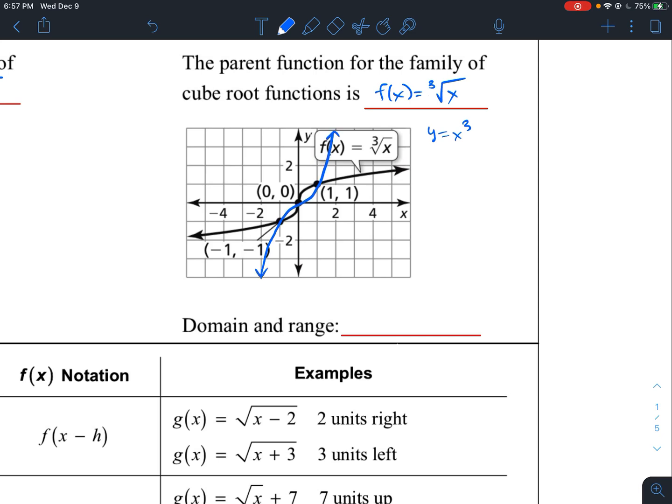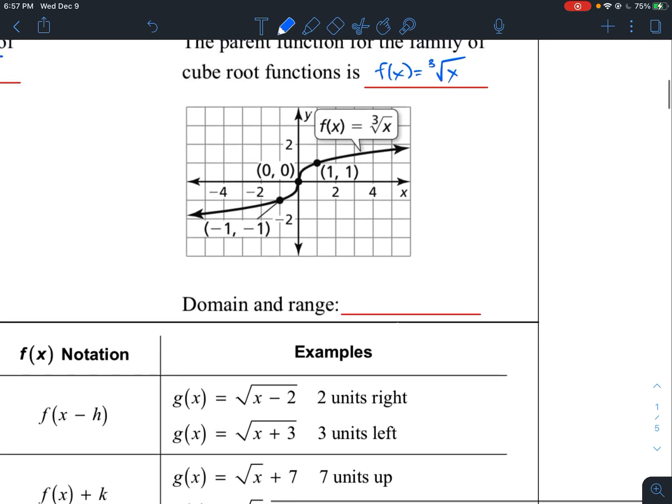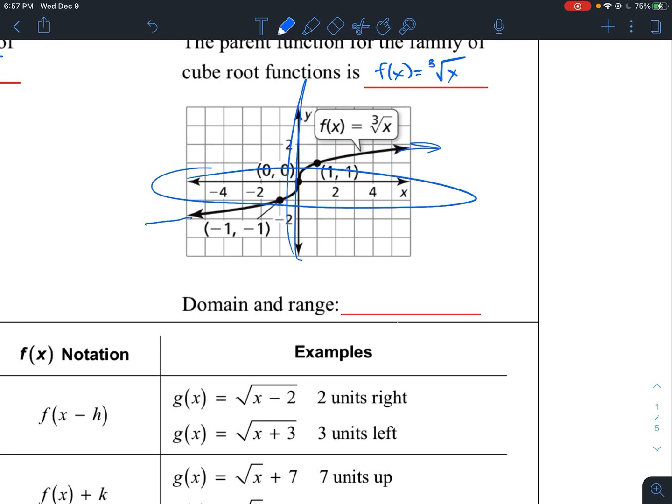You see how the cube root function is the same function rotated 90 degrees about the origin. Again, that's because these are inverses of each other. For the domain, we're going to cover all real numbers, and same with the range. So all real numbers.